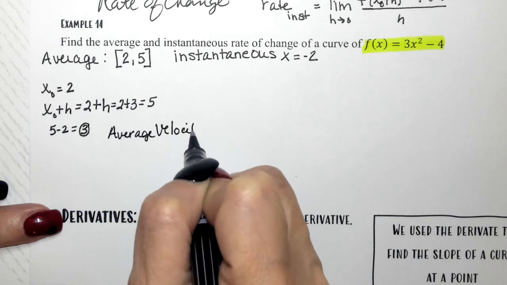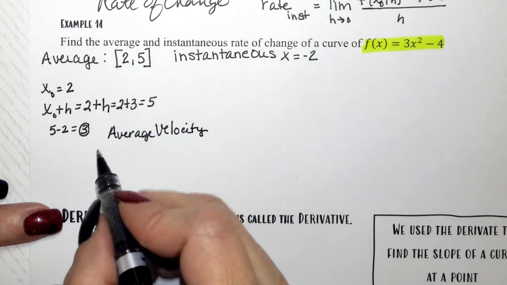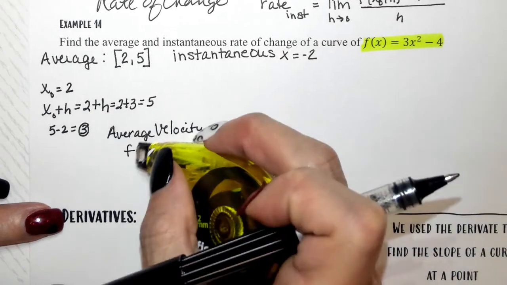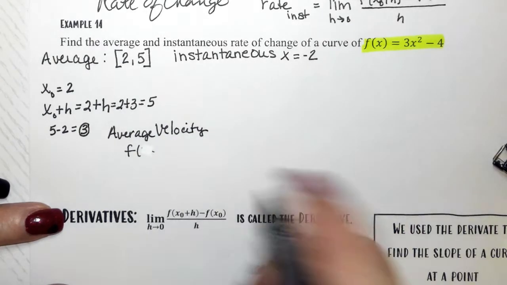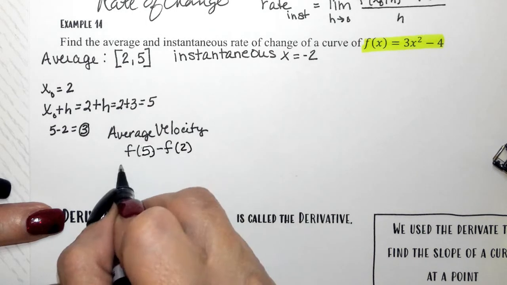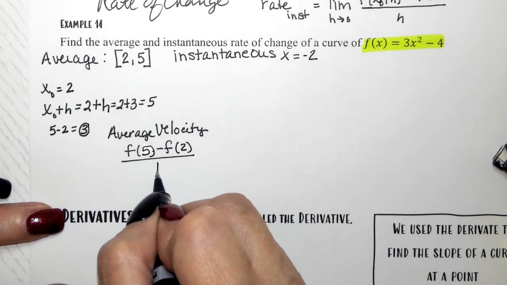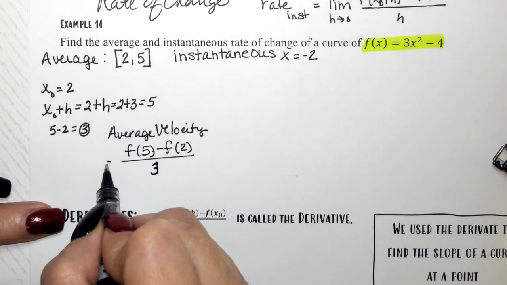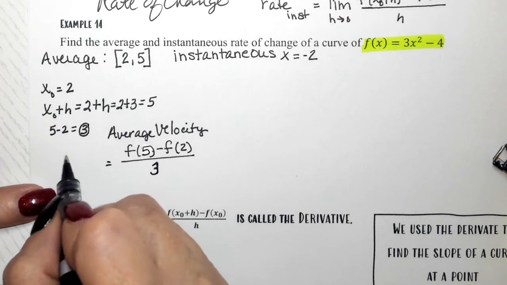All right, so let's do the average velocity. Let's do f of 3. Oh, nope, not 3, f of 5. Sorry. f of 5 minus f of 2 over h, which in this case we said was 3. And this was what we called the average.